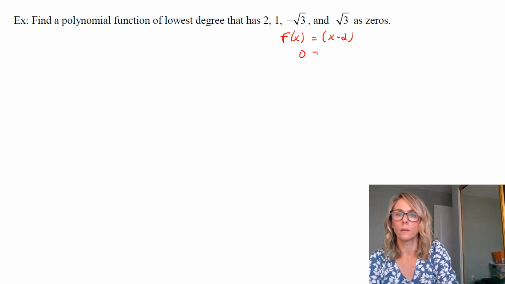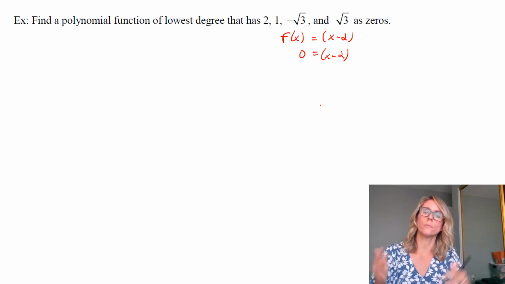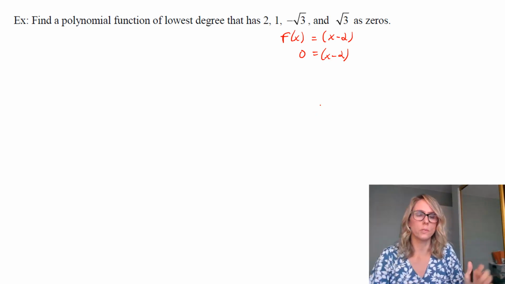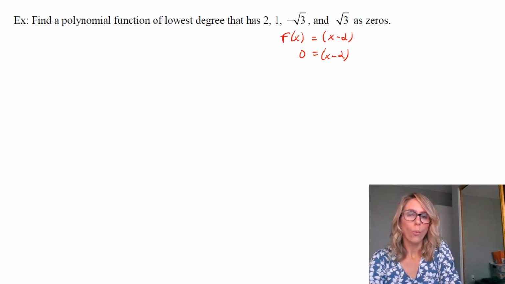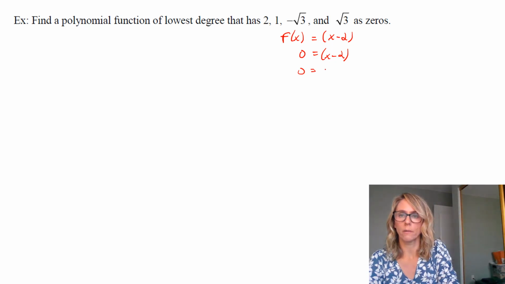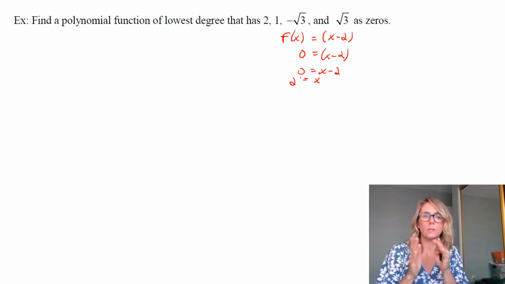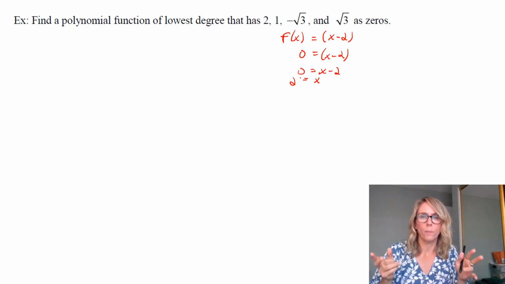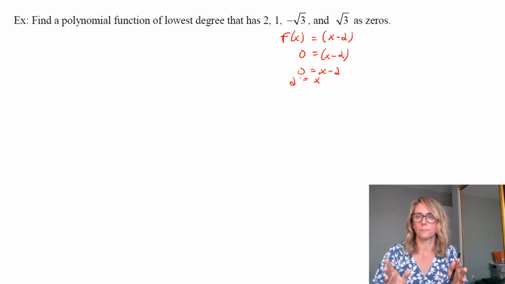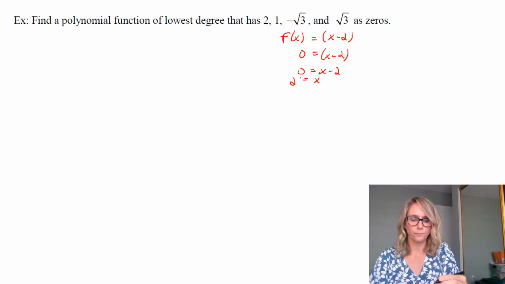If I'm just creating this function x minus 2, it's not very exciting. But when I set that equal to 0, that tells me, of course, that the value of 2 is going to make my function 0. So that's what it means to have a 0 of a polynomial function, that x minus 2 is one of the factors.